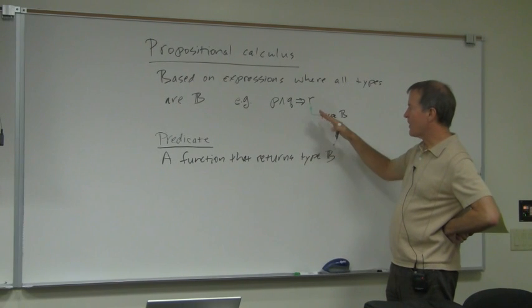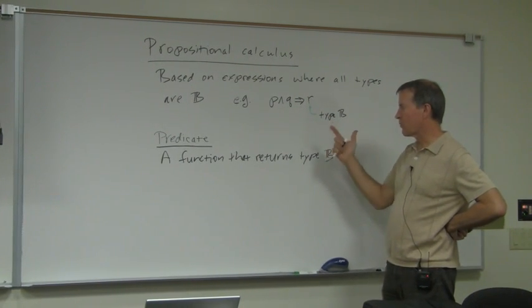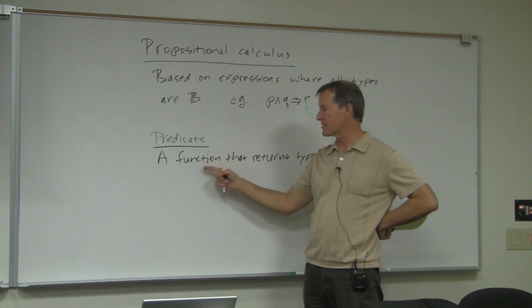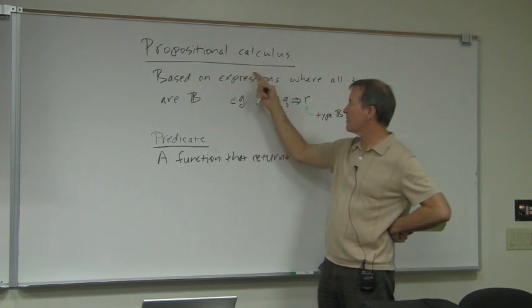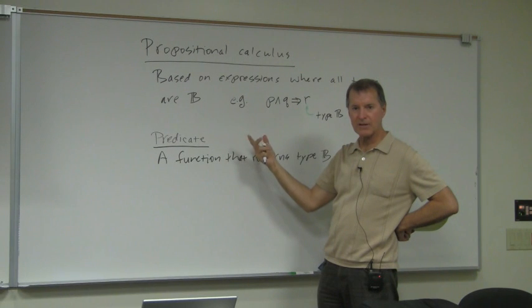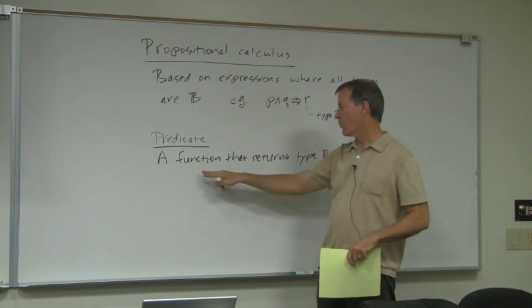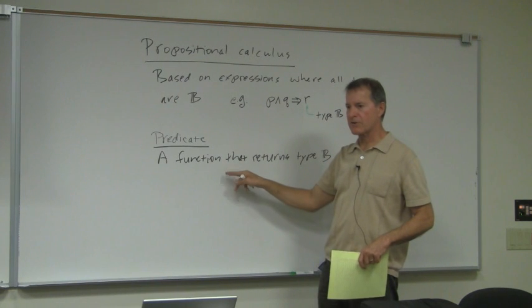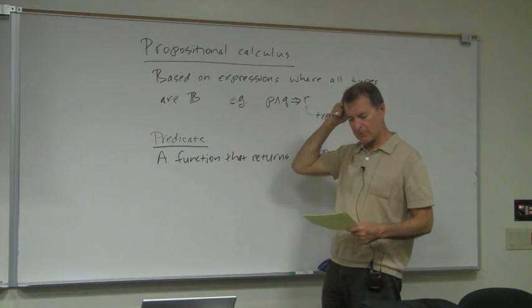Now, Boolean is involved in both of these, but what's a key difference here? A key difference is that a predicate is a function, whereas a proposition is a declarative statement that's either true or false. A function returns a value. A predicate is a function that returns a value of type Boolean.